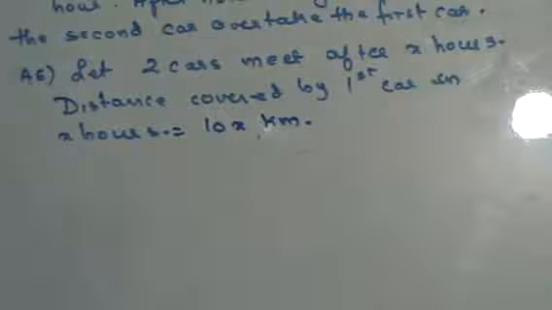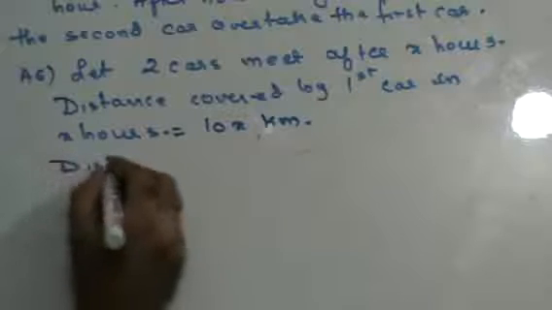And what will be the distance covered by the second car? The second car starts with 8 kilometers and goes on increasing by half kilometer every successive hour.